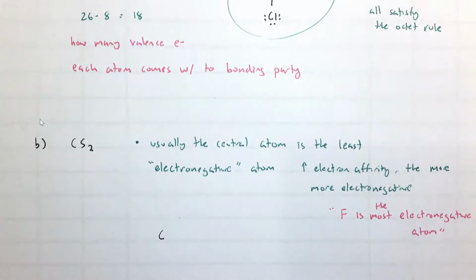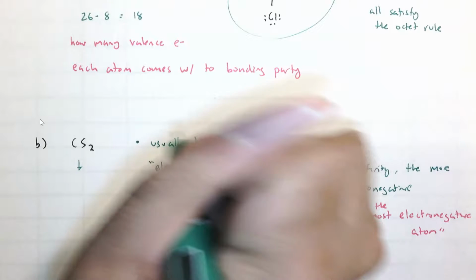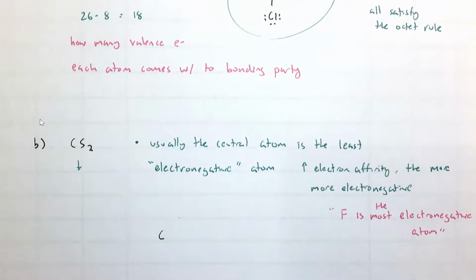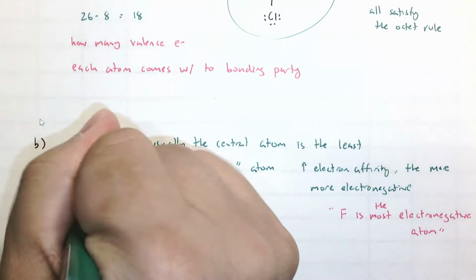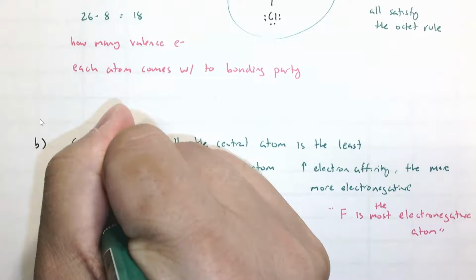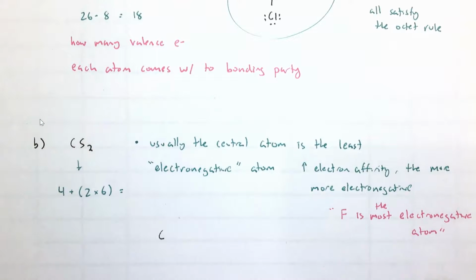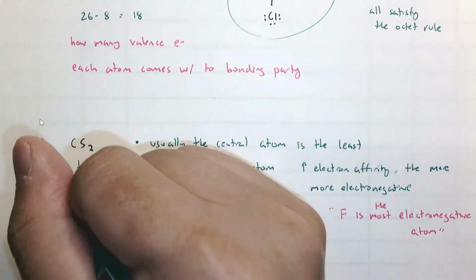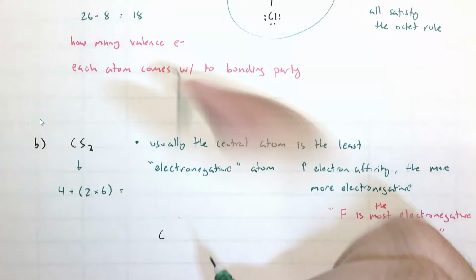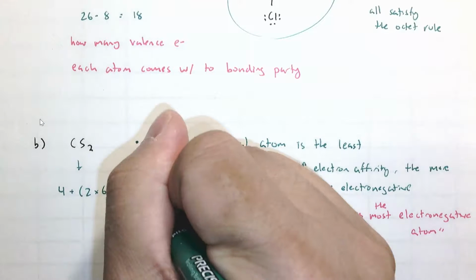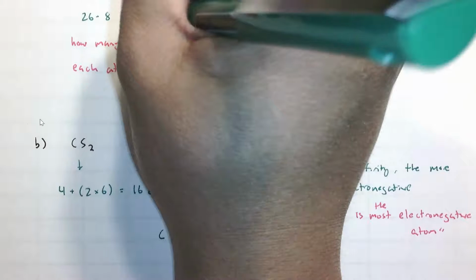Before we start drawing anything, how many valence electrons does this have? Carbon has 4. There are 2 sulfurs, and like oxygen, they each bring 6. 12, 13, 14, 15, 16. All right, 16 valence electrons.